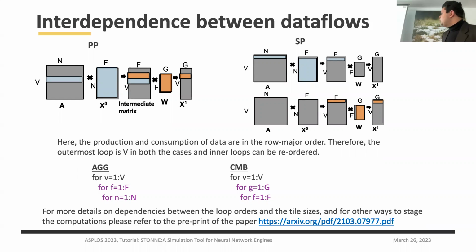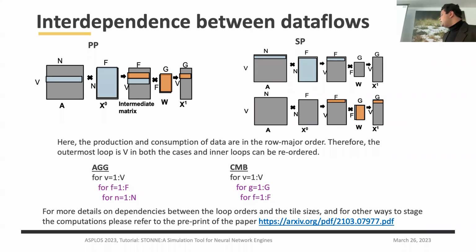For example, if you were to split this whole thing row-wise, you produce the intermediate matrix in a row-wise fashion. You also have to consume it in a row-wise fashion. So, for example, in this V-F matrix, if we are doing V major order for the aggregation phase, we have to do V major order for the combination phase.